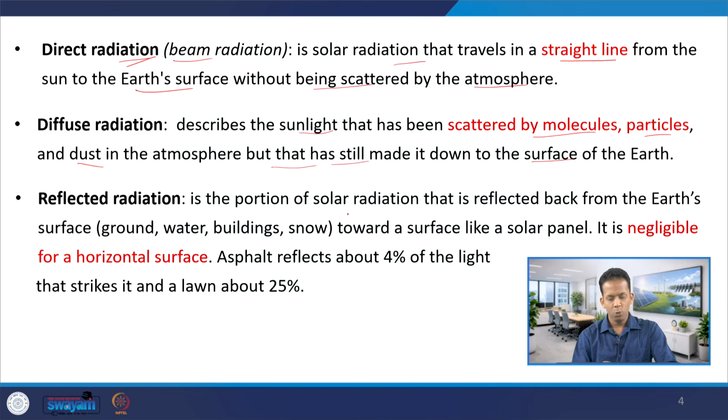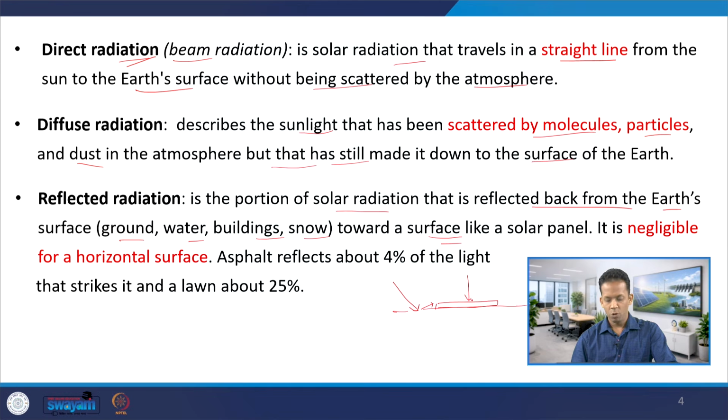Reflected radiation is the portion that is reflected back from the earth's surface, mainly ground, water, buildings, snow, towards the surface that is receiving the solar radiation, like a solar panel or solar collector. If we have a horizontal surface on the ground, the amount of radiation received by reflection would be negligible.